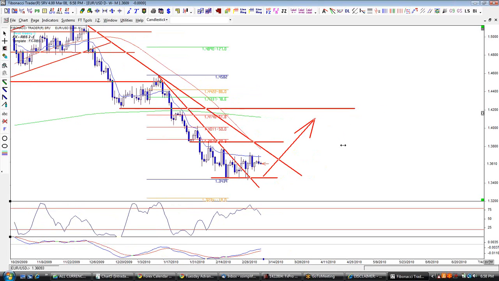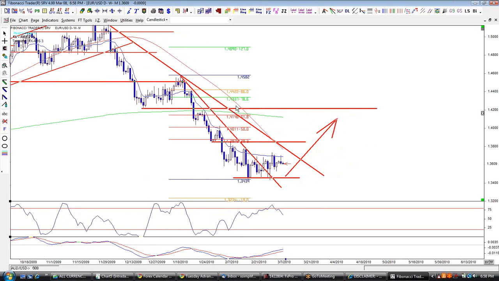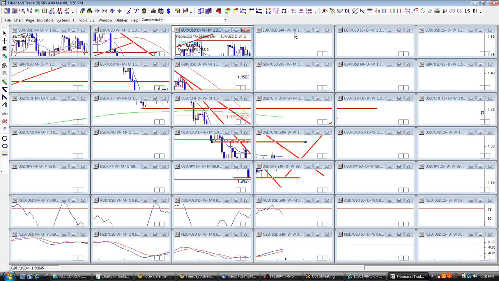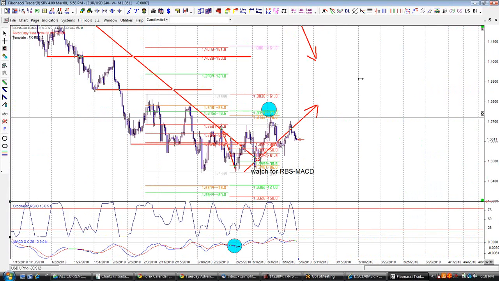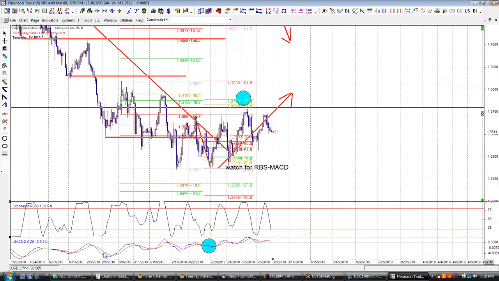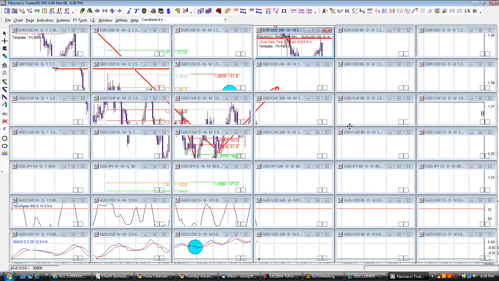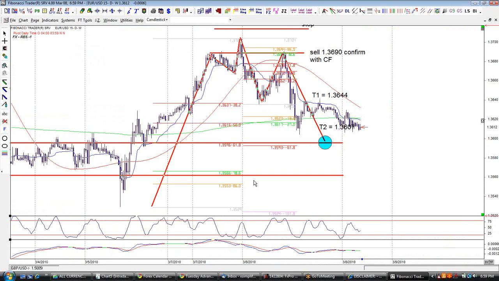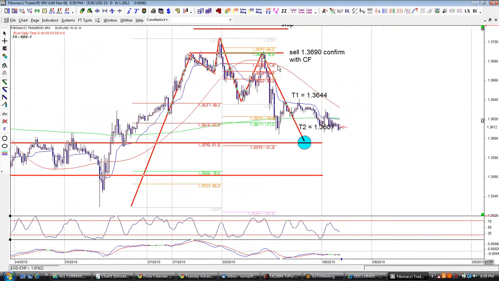But currently, if nothing changes, most likely as soon as we touch the trend line or the resistance, we'll see a further bearish move. There is a very strong bullish MACD divergence on the 4-hour time frame. On the 15-minute, we had a bearish crown this morning, and some of you guys I know entered it.